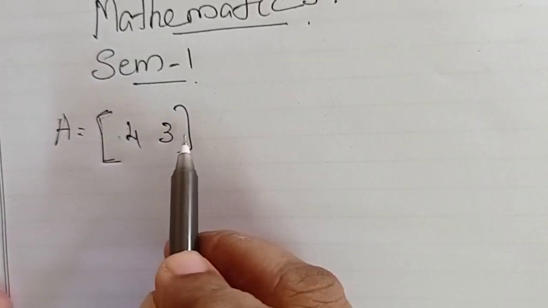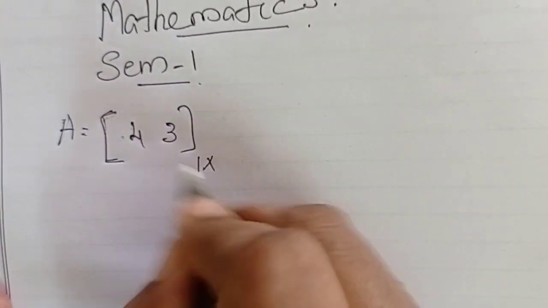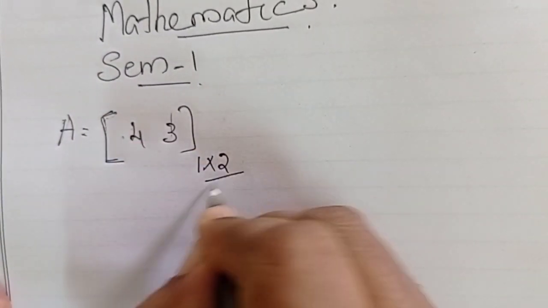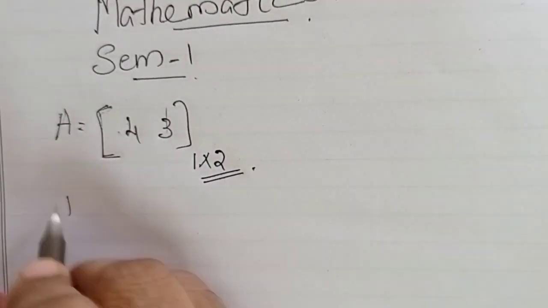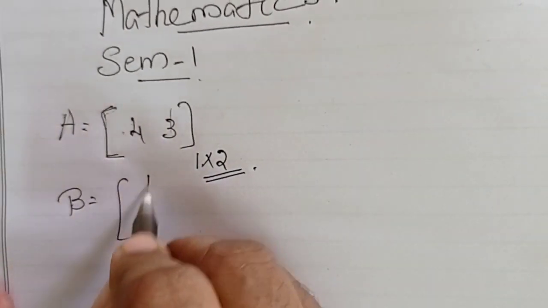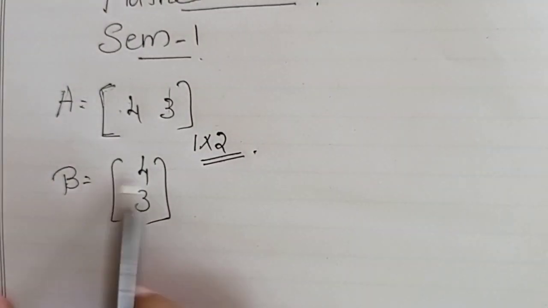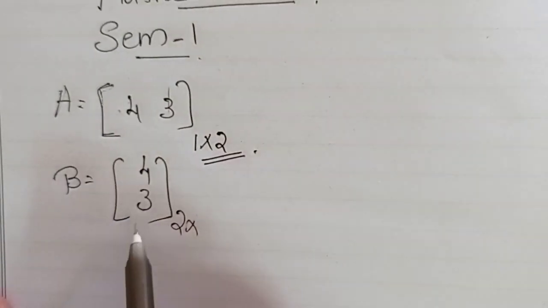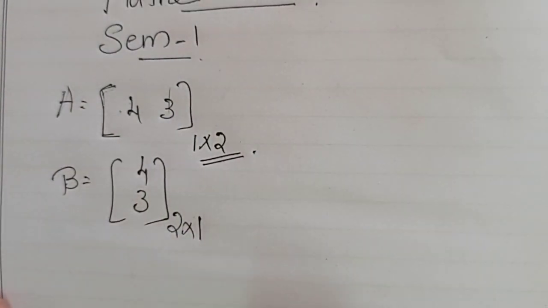And here row matrix means only 1 row and 2 columns. Therefore, the order of the matrix is 1 by 2. If you write another matrix in this way, [4; 3], then the order changes, 2 rows and only 1 column. Therefore, this is known as a column matrix.